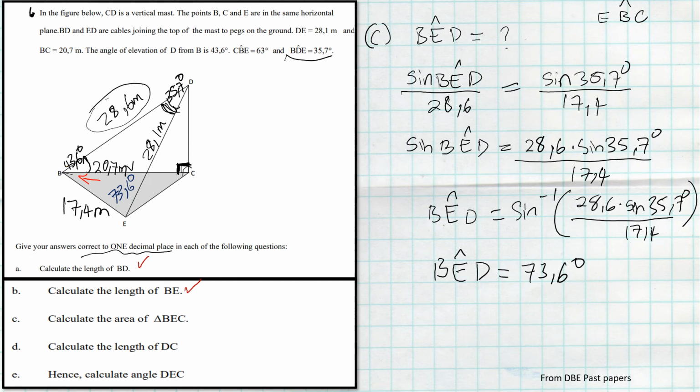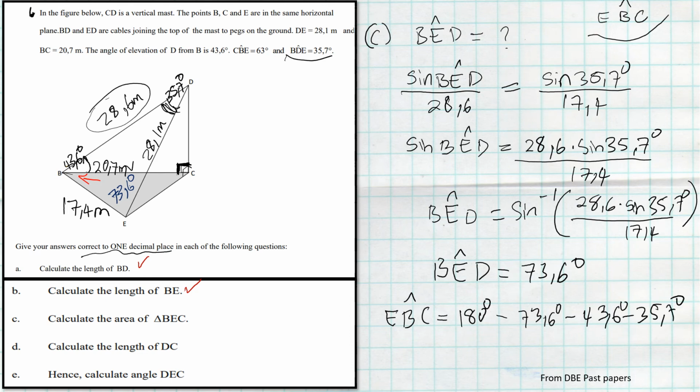So I want my angle EBC, right? Angle EBC is gonna be by sum of angles of a triangle. I can go from 180 and subtract all those angles in a triangle, right? So I subtract 73.6 degrees, I subtract 43.6 degrees, and also subtract 35.7 degrees. And I will give my reasoning that is sum of angles of a triangle.